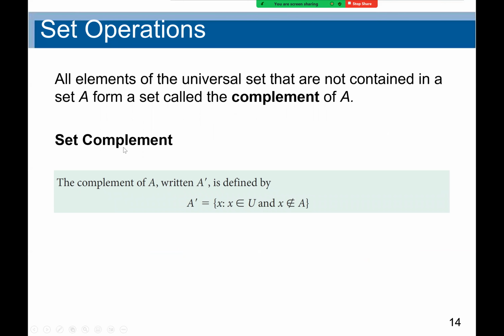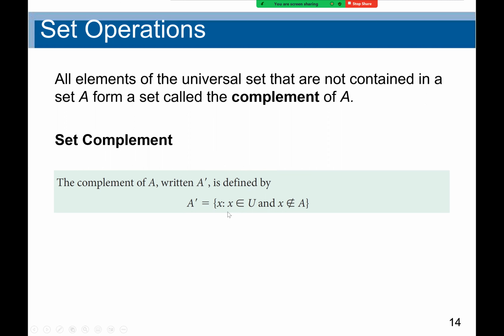So next is the set complement. A complement of A means not A. So for example, if I have set A and we have the elements 1, 2, 3, not A means it can be anything, but not 1, 2, 3, which means, let's say we are using the universal set where the values are from 1 to 10. And A is 1, 2, 3.